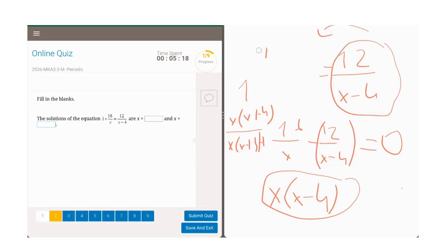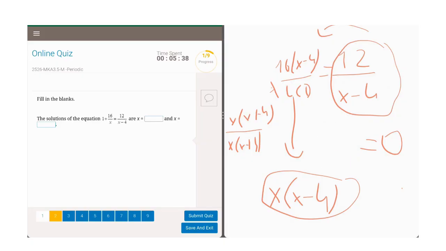We can change this 16 over x into 16 times x minus 4 over the LCD, and for 12 over x minus 4, you can just put minus 12x over the LCD. This is all equal to 0.